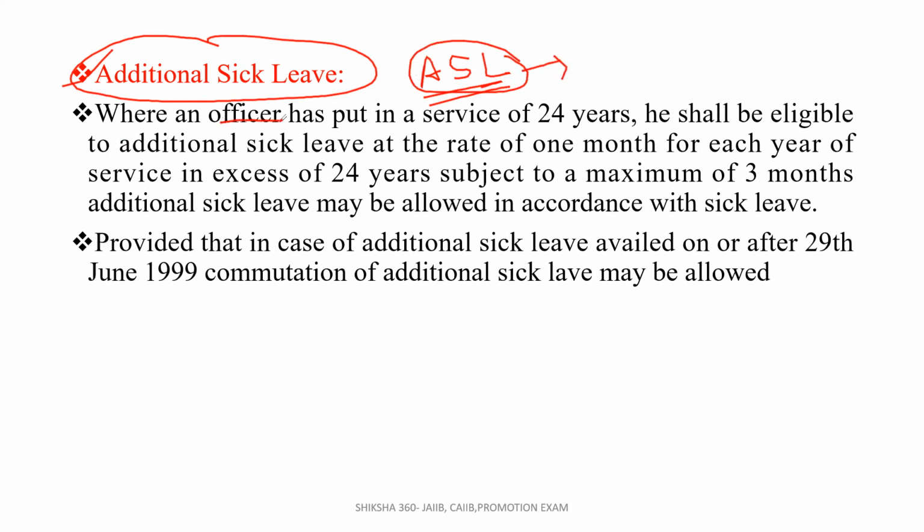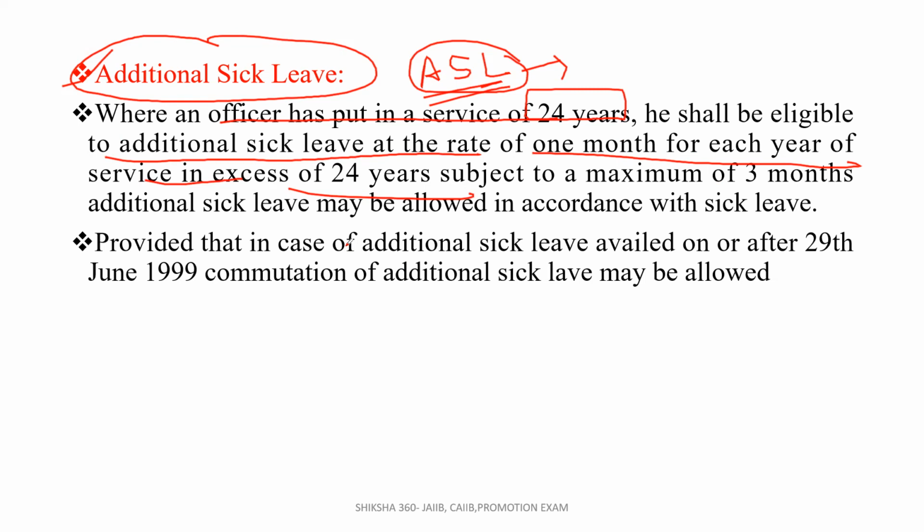Where an officer has put in a service of 24 years, he shall be eligible for additional sick leave at the rate of 1 month for each year of service in excess of 24 years. Clear?